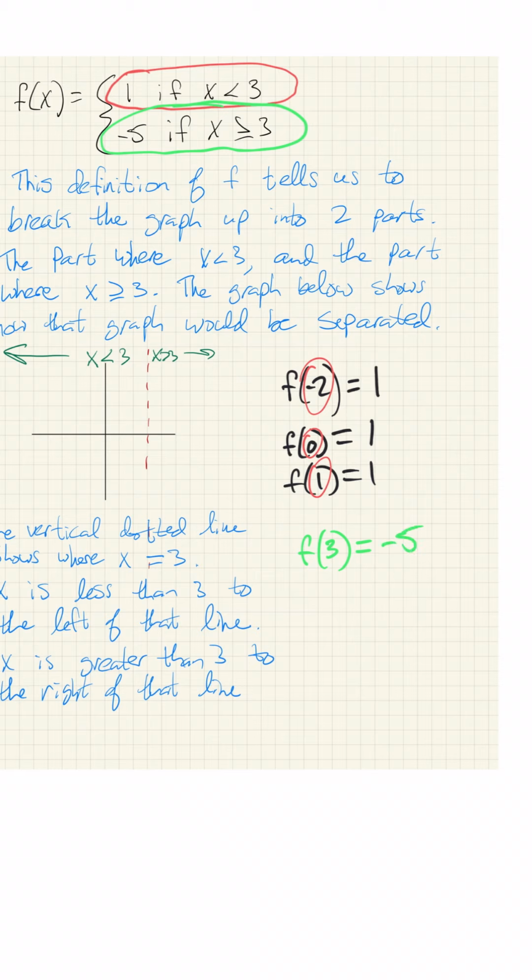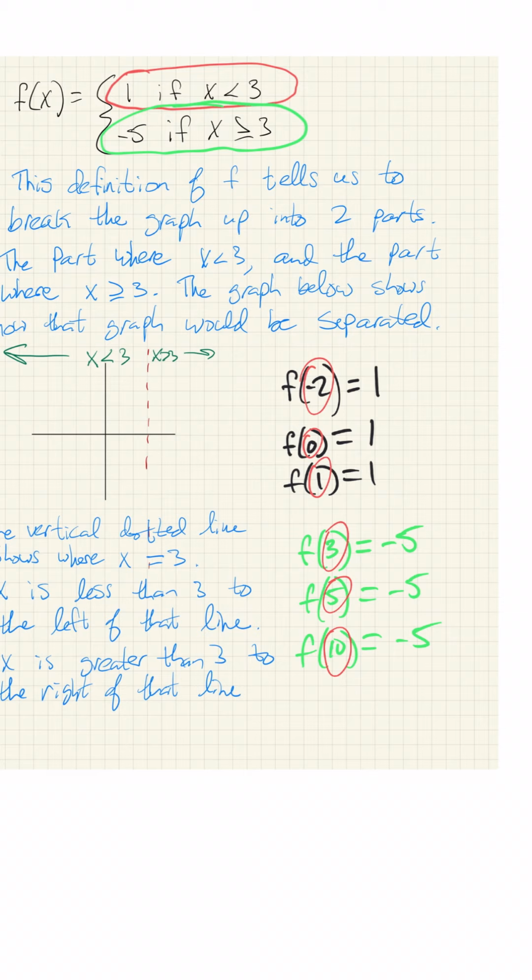So f of 3 would be negative 5, as would f of 5 be negative 5, or f of 10 would be negative 5, because all of these values, 3, 5, and 10, are greater than or equal to 3. So the function value is negative 5 whenever x is greater than or equal to 3.